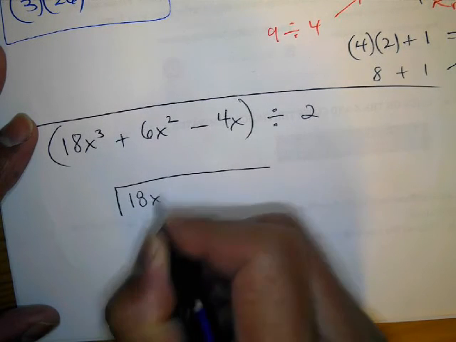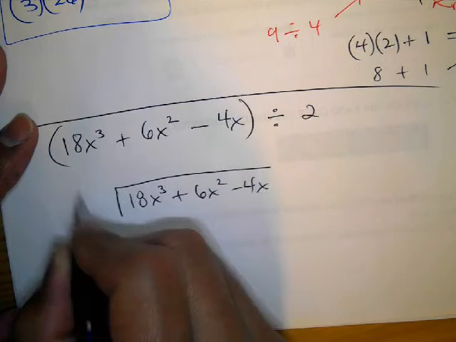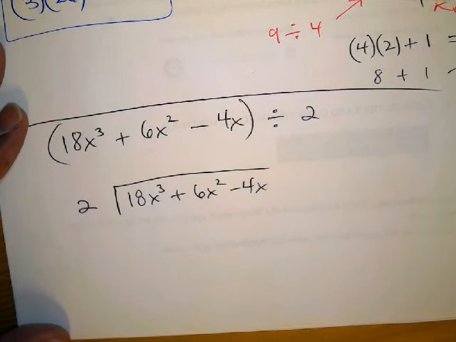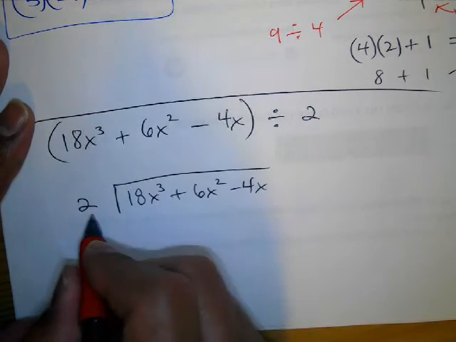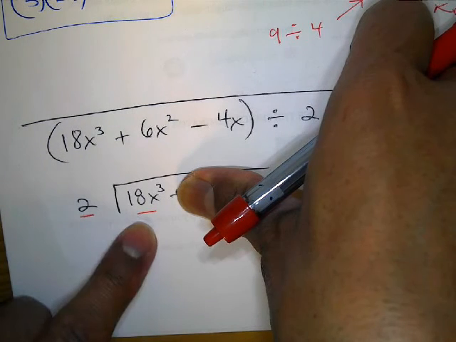Well, this goes here. This is the divisor, it goes outside. We start the process. We only look at this one and this one.